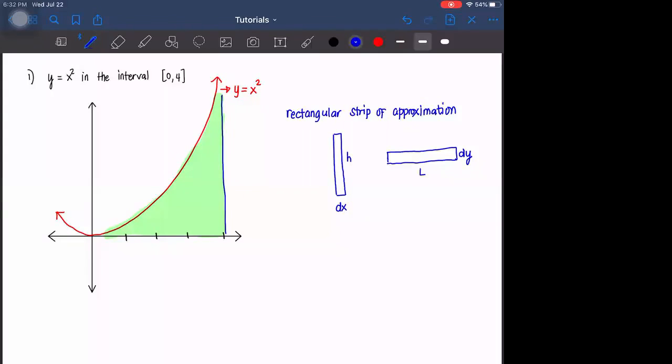The dx there or the dy there always is the approximate nga width. And we have to make sure nga when you draw the rectangular strip of approximation, each end of its width must touch two different curves from one limit to another.